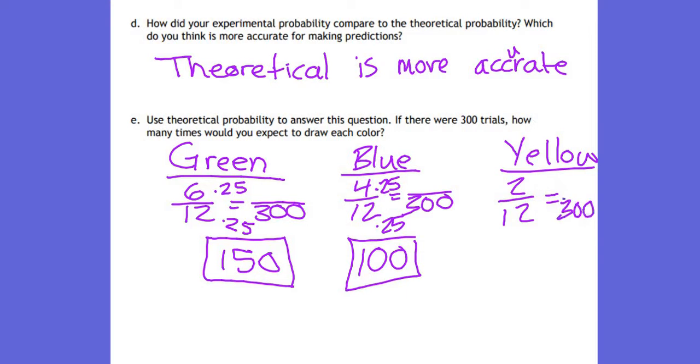I got this one. And that's times 25, so 2 times 25 is 50. Raise your hand if you got all 3 numbers correct. Brady, not get one right. Anybody else? Very impressive.